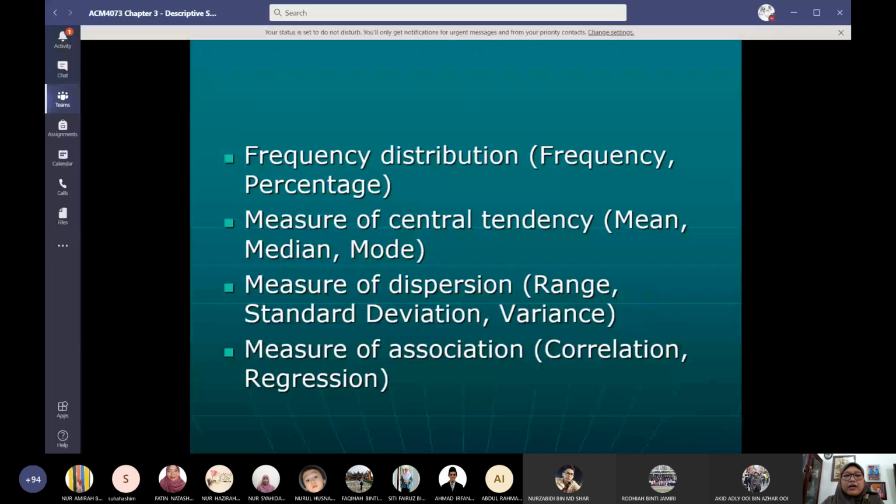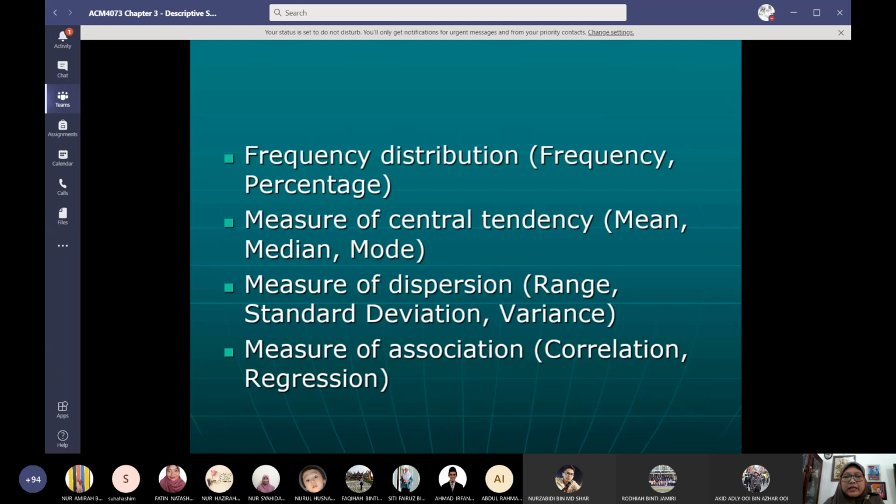There are four descriptive statistics. There are four categories. The first one is frequency distribution, in which you have to look for frequency and percentage. And then measure of central tendency, or MCT. Measure of central tendency includes mean, median, and mode.